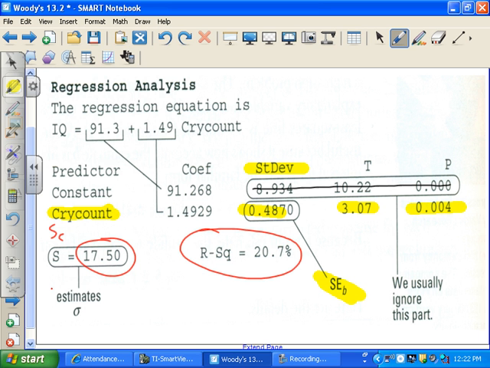Based on what you know up to this point, what do you think about a t-value of 3.07 and a p-value of 0.004? It's a t-statistic, and it's an actual p-value reported for that t-statistic. So the output of the hypothesis test is actually given to you here.